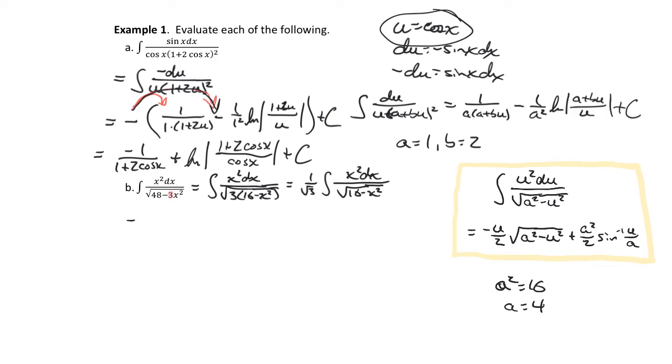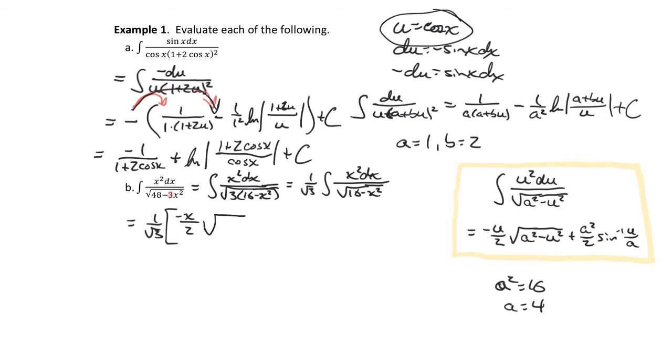So when we do this, we'll end up with 1 over the square root of 3. Now, once again, our formula involves a sum, and so we want to put parentheses around this. I'll have negative u over 2. Well, our u is x, so negative x over 2. And then it's going to be times the square root of a squared minus u squared.